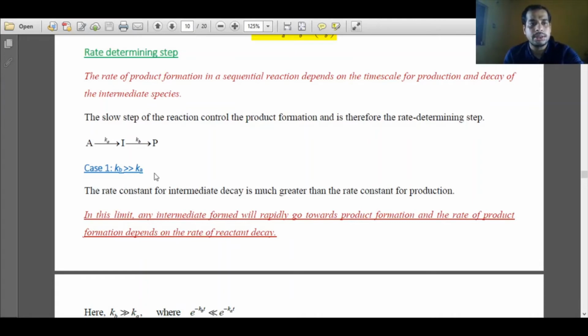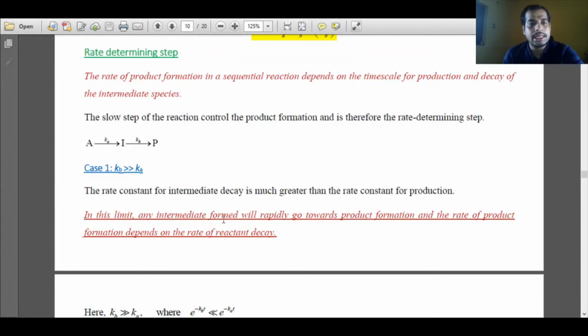We will consider two cases. In the first case, we consider that Kb is greater than Ka, means the rate constant at which the intermediate is decaying is faster compared to the rate constant at which it is forming. Under this limit, the intermediate will immediately decay to the product.